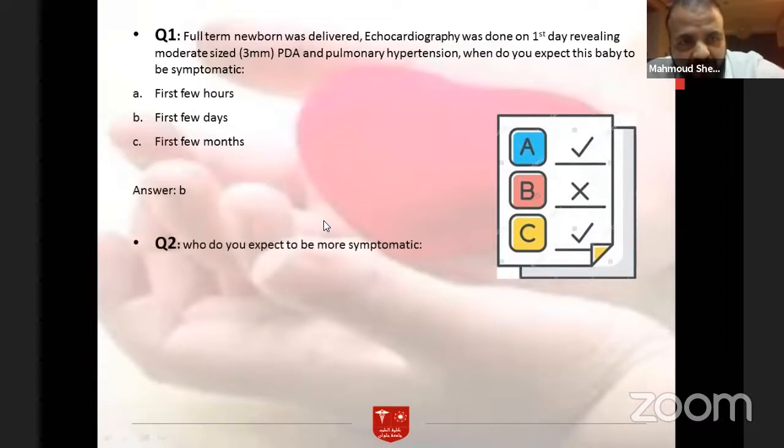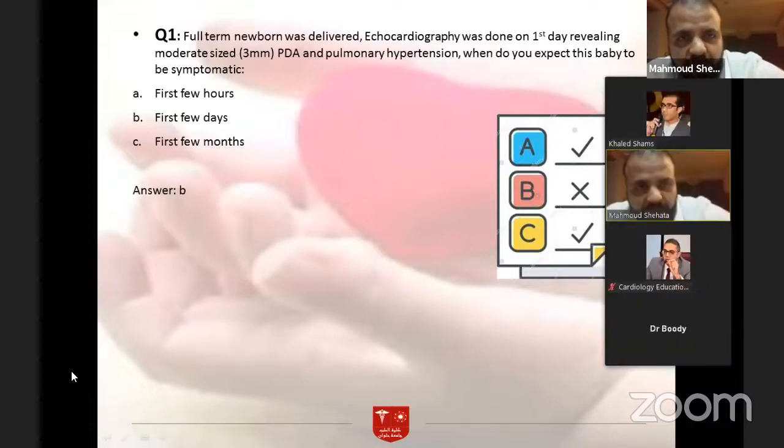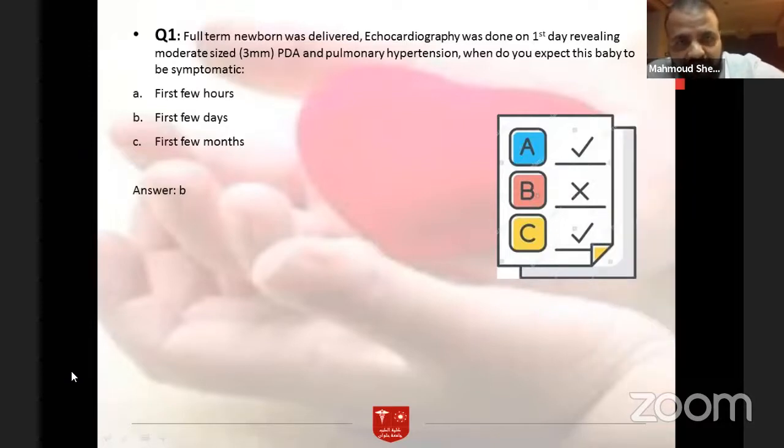Knowing the fact that the PVR is going to decrease rapidly in the first few hours of life and then continue to decrease over 6 to 8 weeks, with this moderate size PDA and pulmonary hypertension, this baby is expected to be symptomatic after the first few days of life if this PDA doesn't close or is small in size.